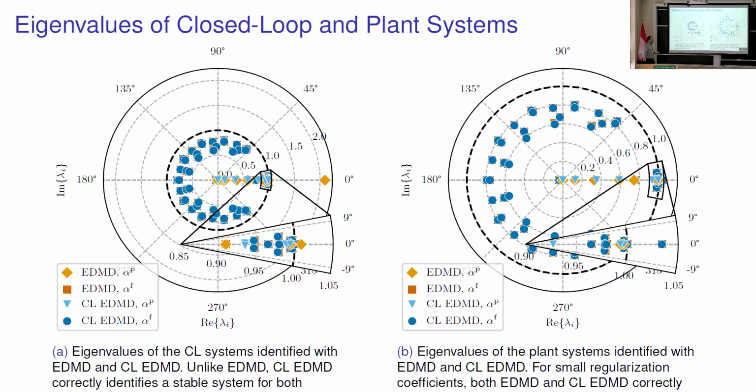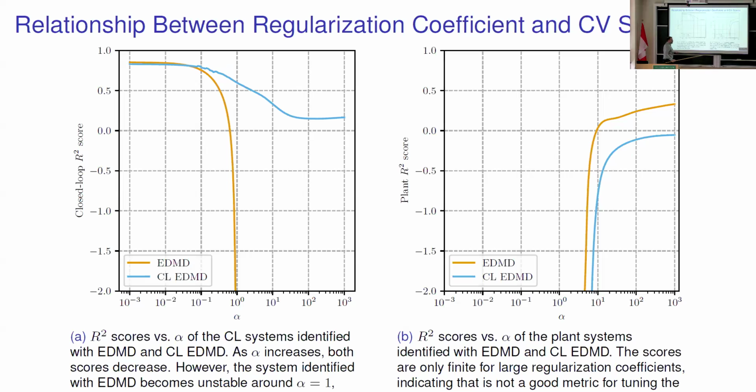Okay, these are eigenvalue plots, basically. And in particular, these are now optimal regularizing coefficients. So what I'm plotting here are the eigenvalues associated with the best regularizer coefficient. Think of this value of alpha for this method, this value of alpha for this method, and then this value of alpha for those two methods.